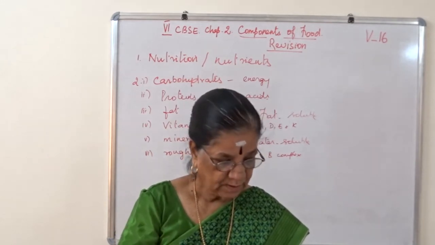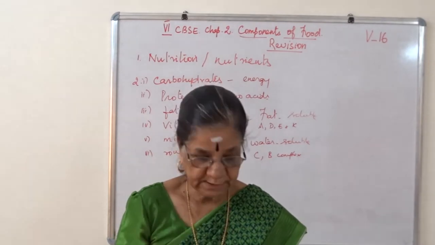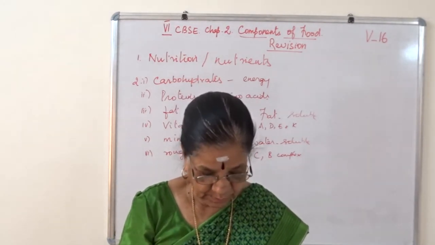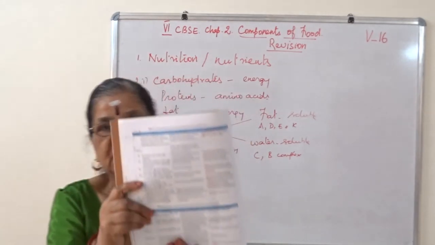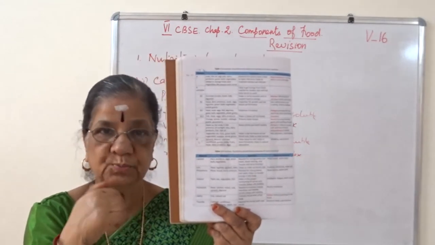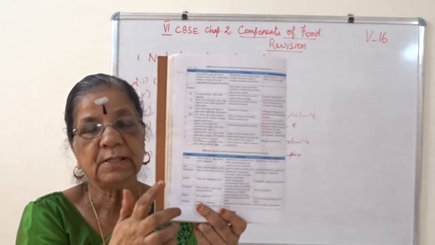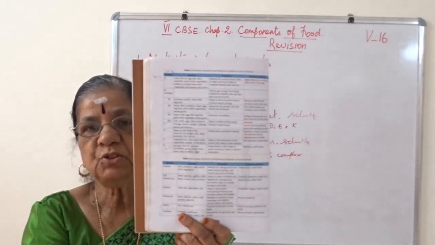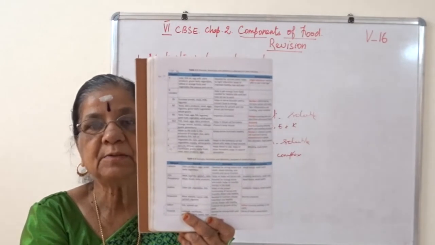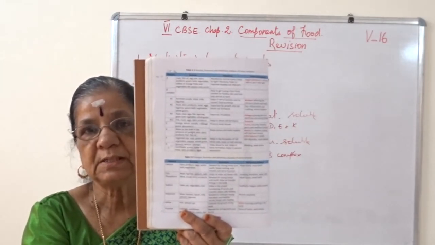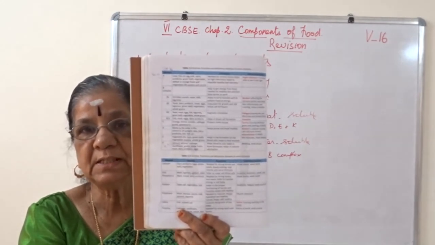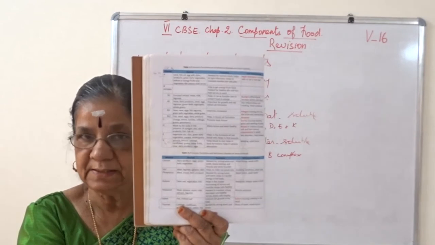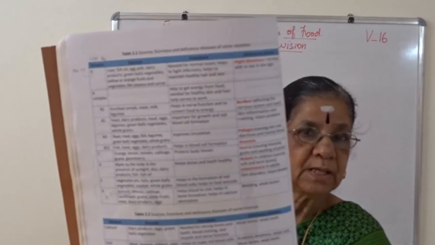So this is for vitamins. I have explained in a lot of detail. I have given this table, and even if it is in the question bank, this table will come to you while this video session is going on. You can pass it along, and if you want you can take the printout. I hope you understand. This table is very important because other names of vitamins are given, and also the sources and deficiency diseases.